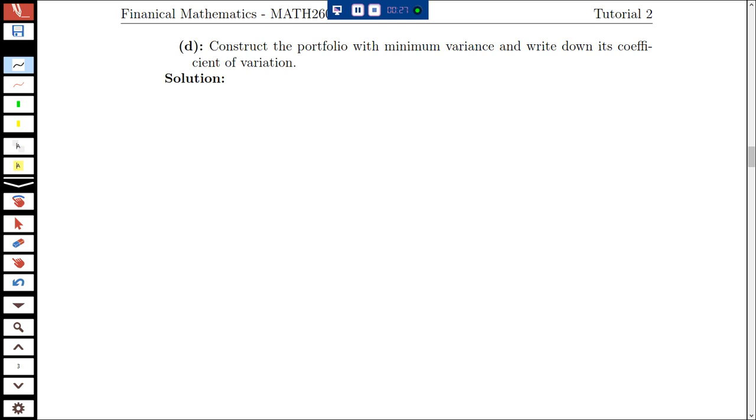There's a standard equation for this, and the great news is it's in the formula sheet in the exam, and it is as follows.